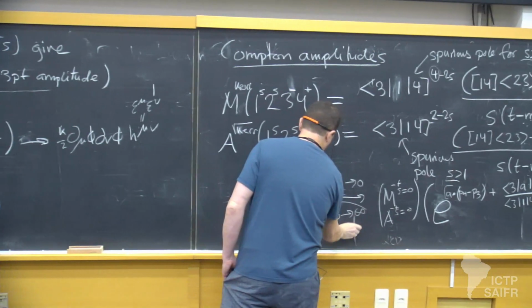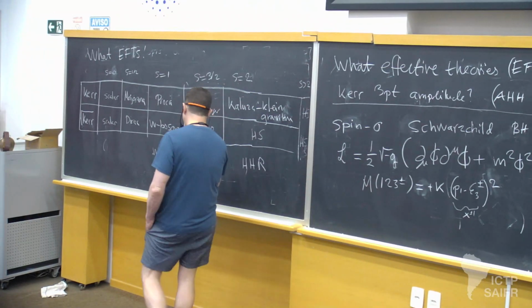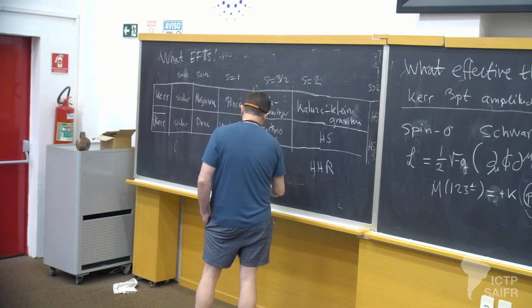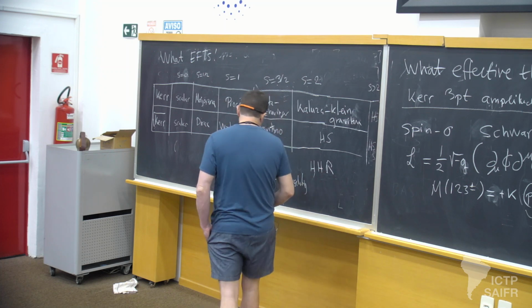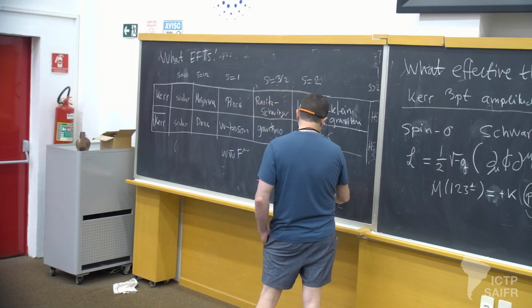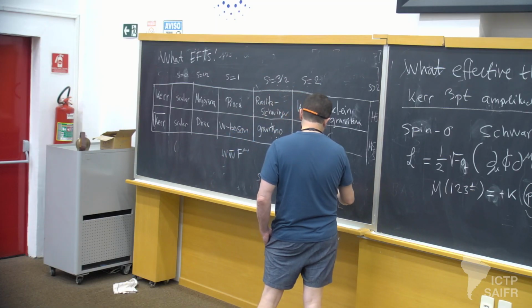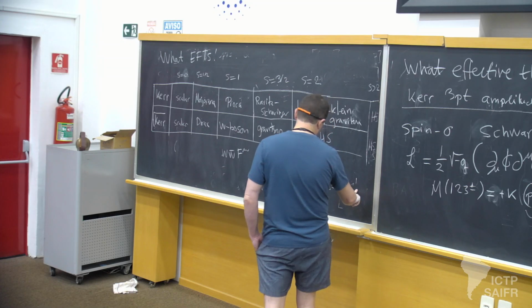But that turns out to be this property called spin universality, which essentially implies that from spin 1/2 you can extract the spin dipole.